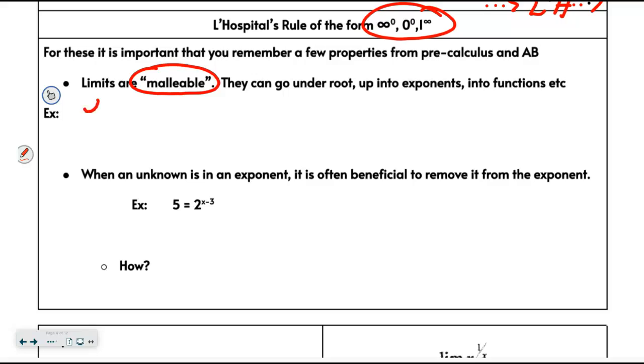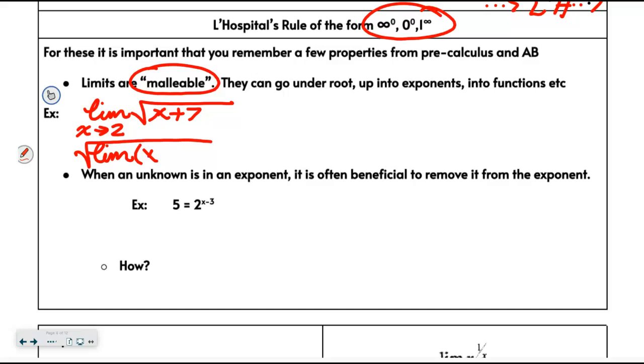For example, watch. The limit as x approaches 2 of the square root of x plus 7. What is it? Go ahead, just tell me. What is that? 3, correct? Limits can also go inside of functions and you get the same answer. So I could do the root first of this limit.